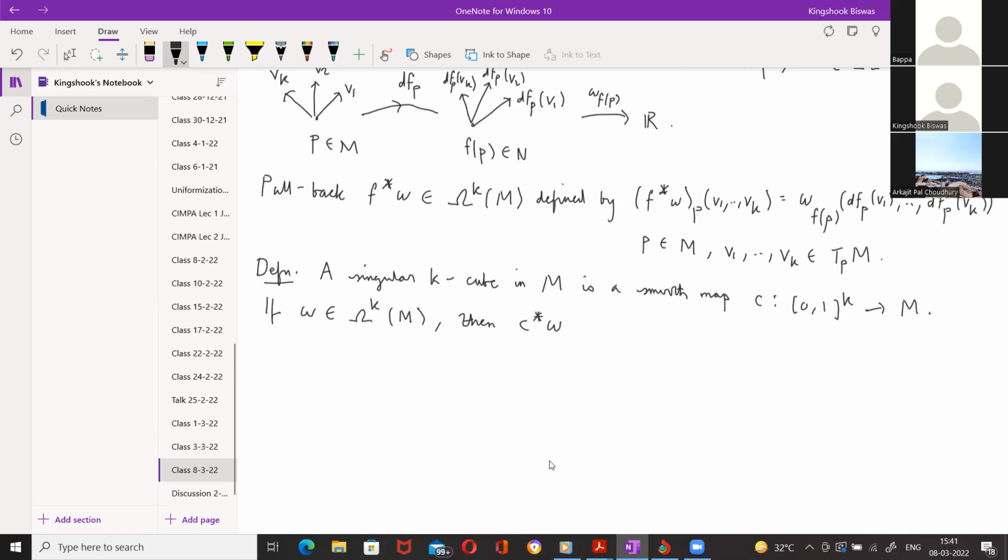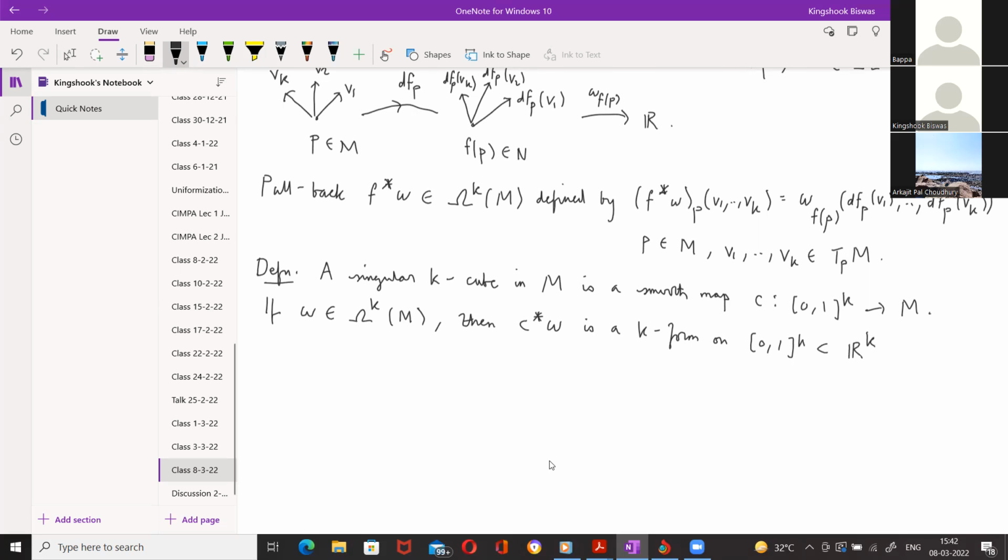So c star omega, this is a K form on Rk, right? So this is a K form on 0,1 to the K, which is a subset of Rk.